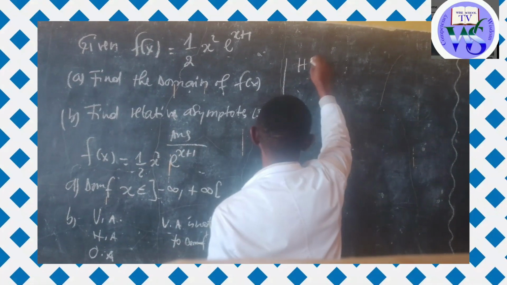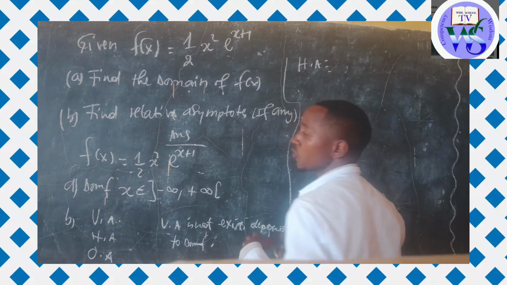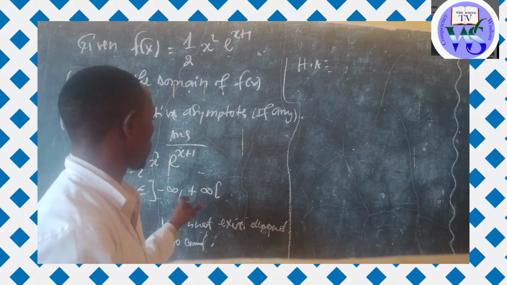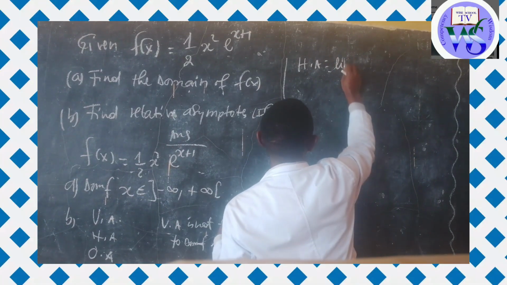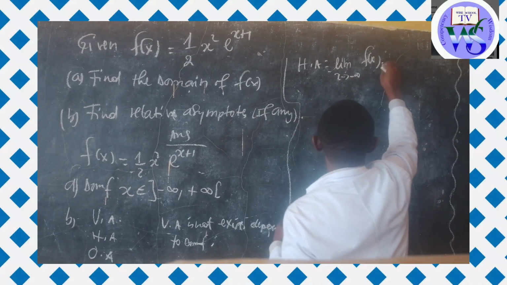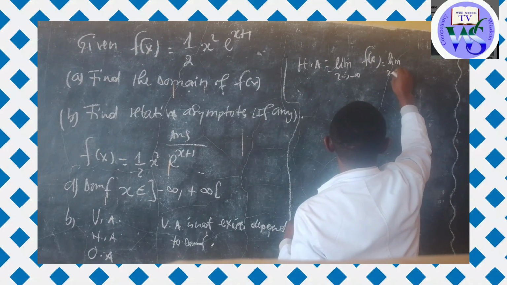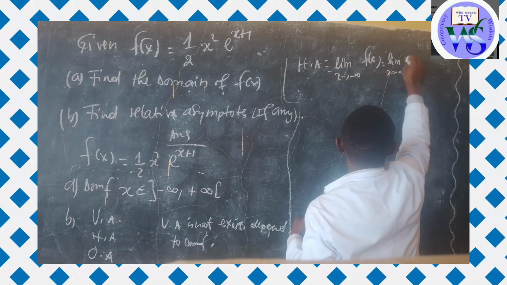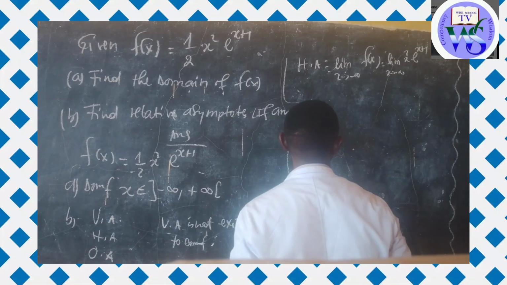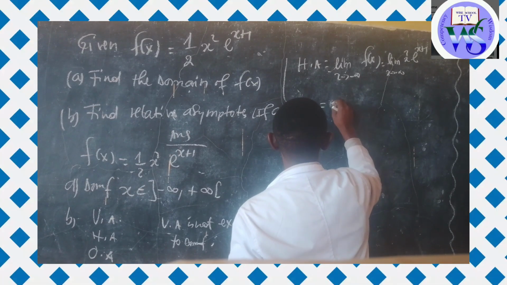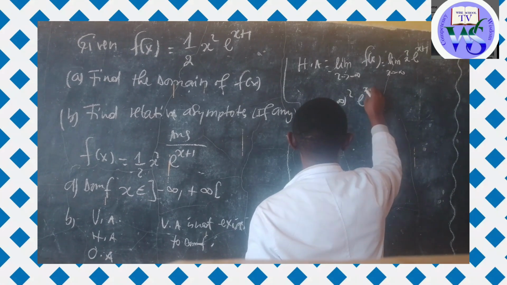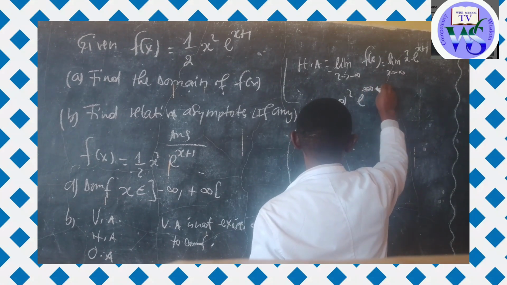So for 2, the horizontal asymptote, we also obtain it depending on the limit of x to minus infinity of f of x. This is the limit as x to minus infinity of x squared e power x plus 1. So this is equal to what? Minus infinity squared times e power minus infinity plus 1.